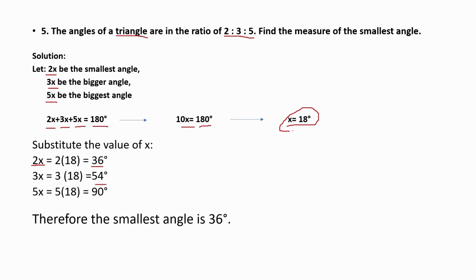Then 5x, again substitute 18 for the value of x. So 5 times 18, we have here 90. So what is our final answer? Since we are asked to find the smallest angle, therefore the smallest angle is 36. Okay? I hope that's clear and you remember about ratio and proportion.